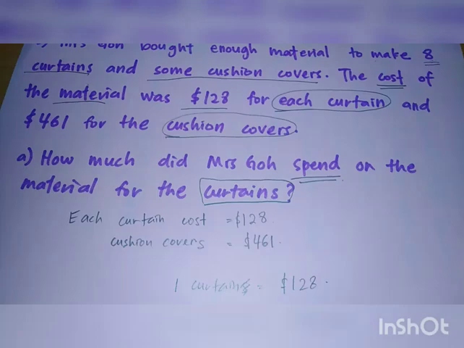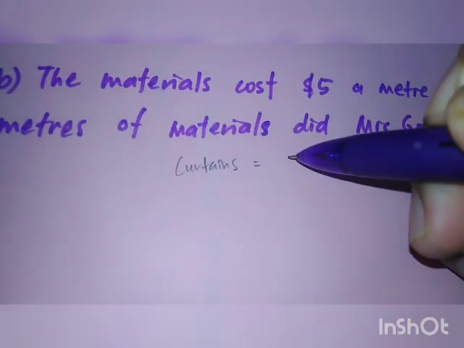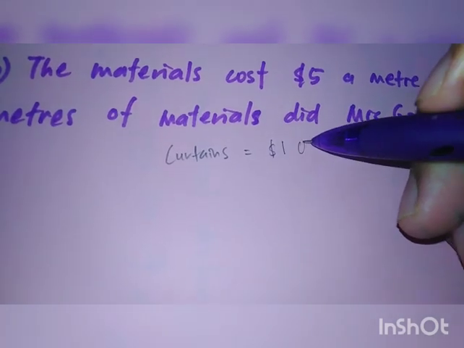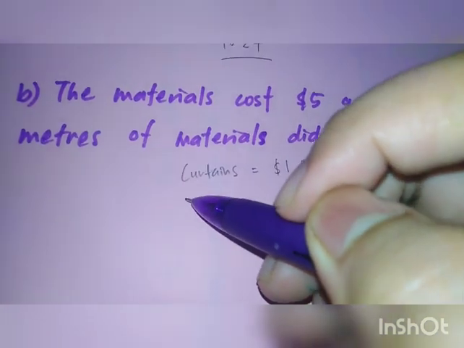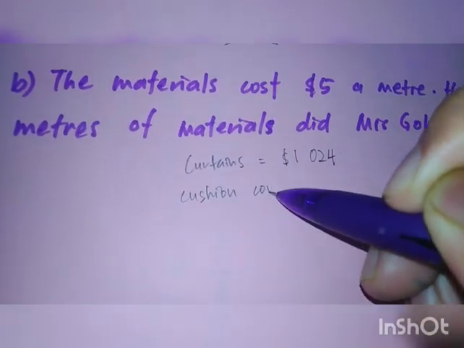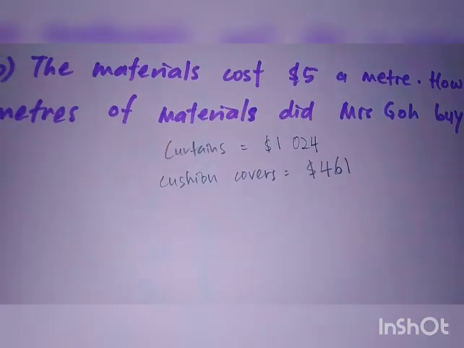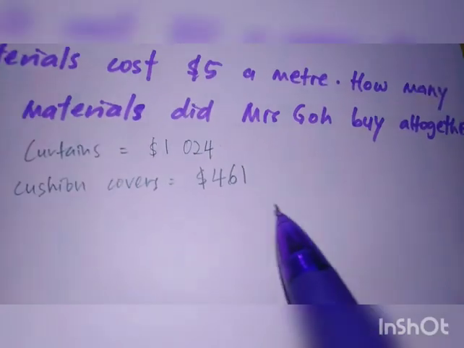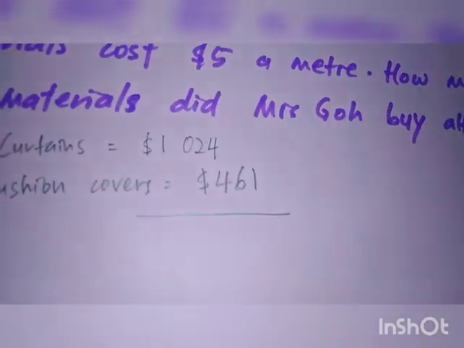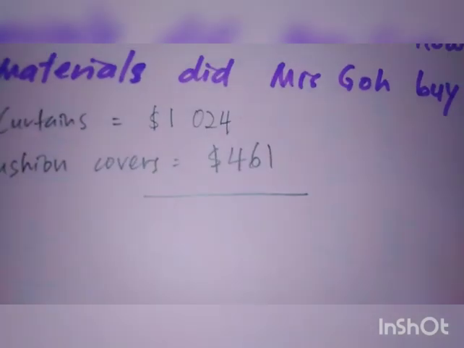The total cost for the curtains is 1024, while the cost spent for the cushion cover is 461. So we need to add these two first to find the total spending for the cushion cover and the curtains.